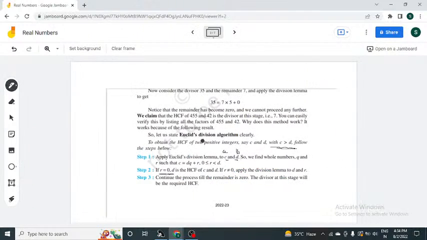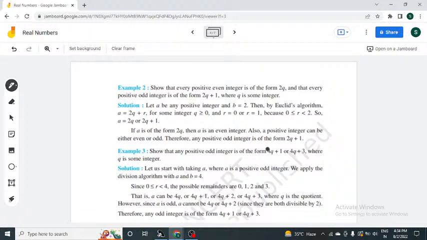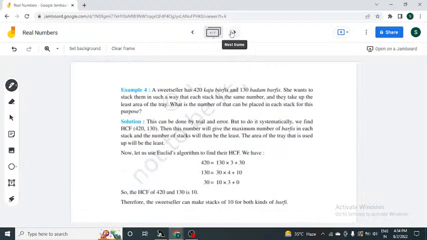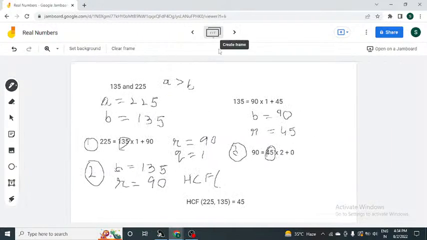So let us come back to the example. Whenever you are asked to prove something, you see it's 2q. So let's do one thing. Let's go to a blank page. I'm going to rub this out.